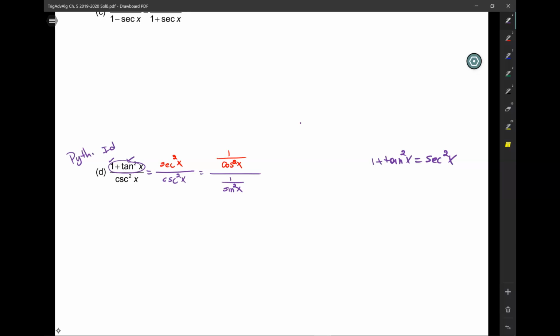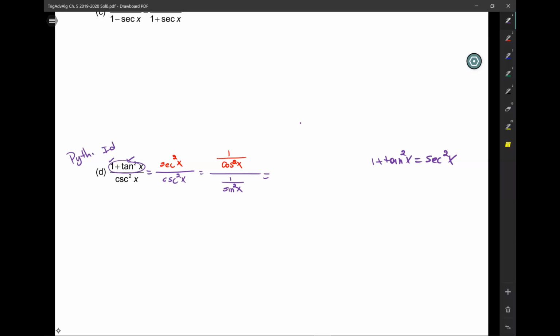Okay, this is where now you have a complex fraction. I have a denominator on top, cosine squared. I have a denominator on the bottom, sine squared x. Can I cancel those? I can't cancel those. So here's what I'm going to do. I'm going to use what I learned back in middle school with multiplying and dividing fractions. If you have something divided by a fraction, what do you do? Multiply by the reciprocal.